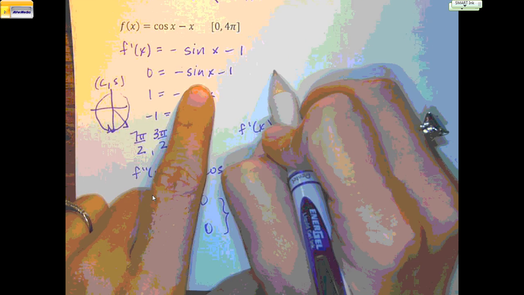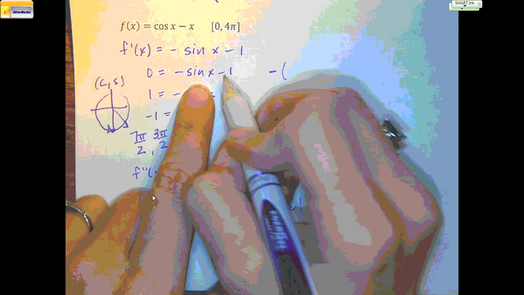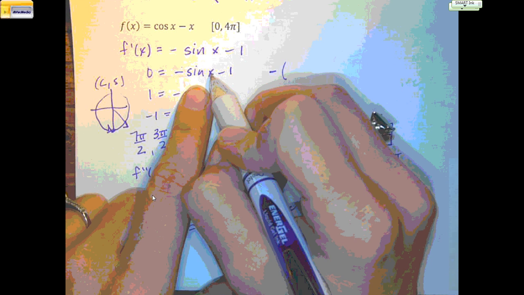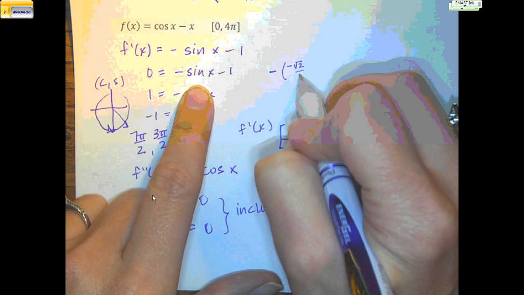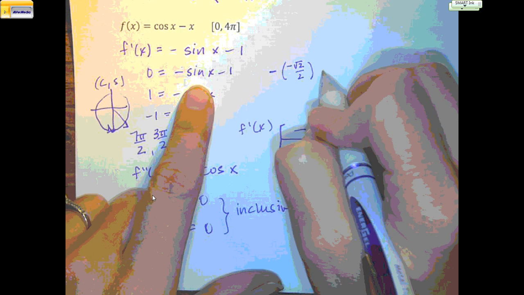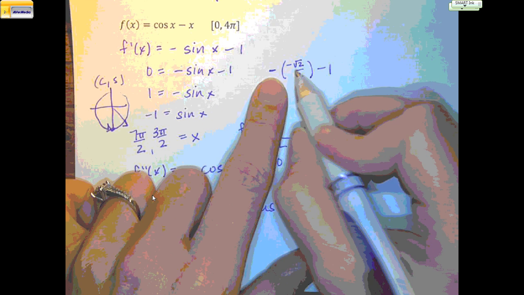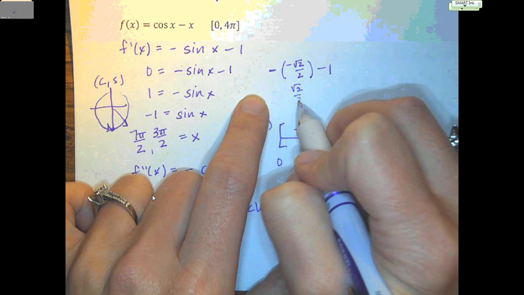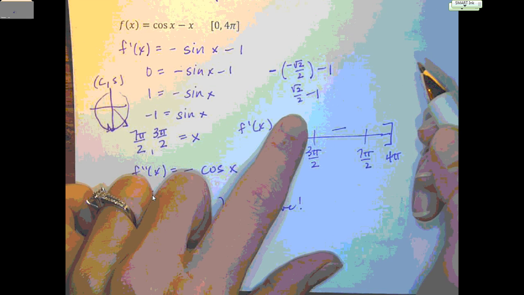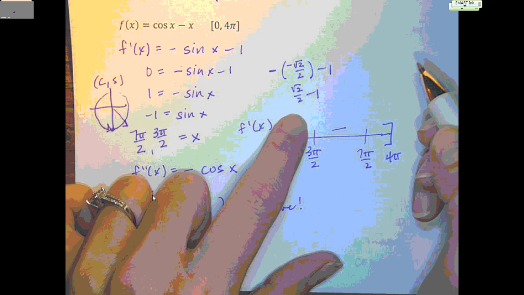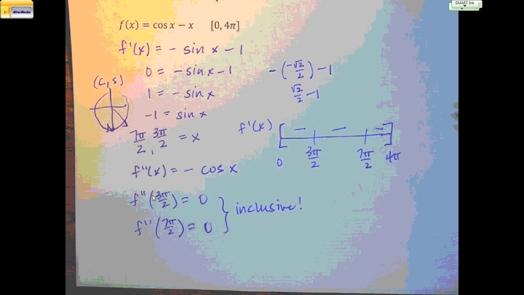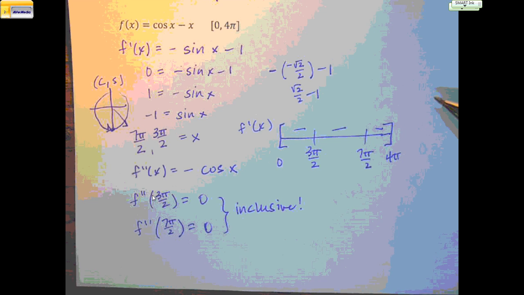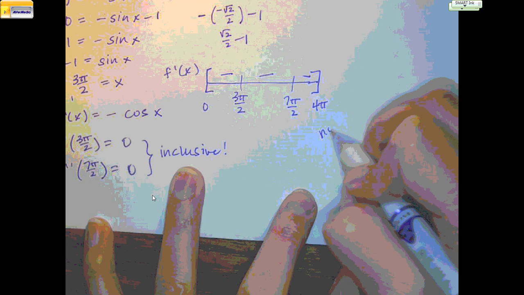Sine of negative 45 is negative radical 2 over 2. Is that correct? Minus 1. So that's positive radical 2 over 2 minus 1. What is that? Makes the whole thing negative, doesn't it? Okay. So do we know anything else about this problem? Nope. We know that there's no relative max or min.